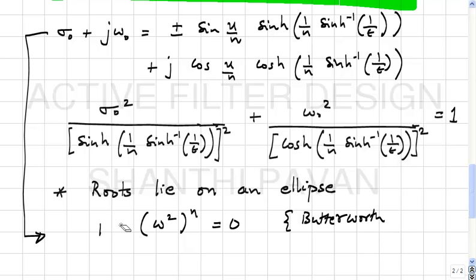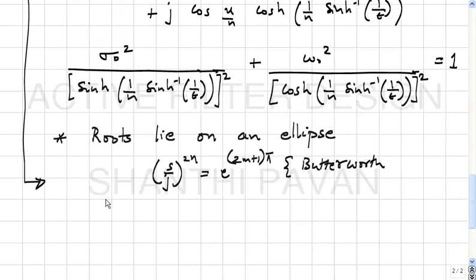Which means that, with omega square being j square, and just to put it in perspective, s by j whole to the 2n is minus 1, which is also the same as e to the j 2m plus 1 into pi. Correct? This is the equation we had for the Butterworth.